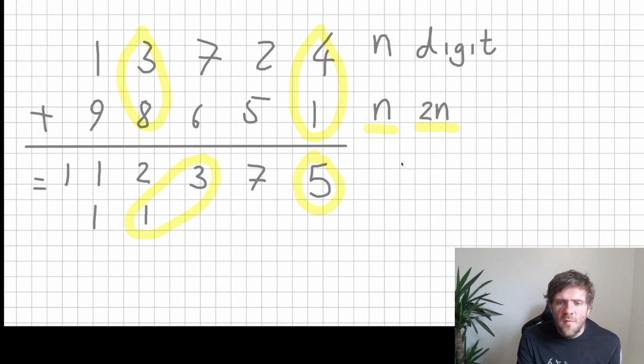But what if we were instead to do this in binary? So we had some different number, nb, of bits. Well, the number of bits you need to represent a number also scales linearly with the number of digits.